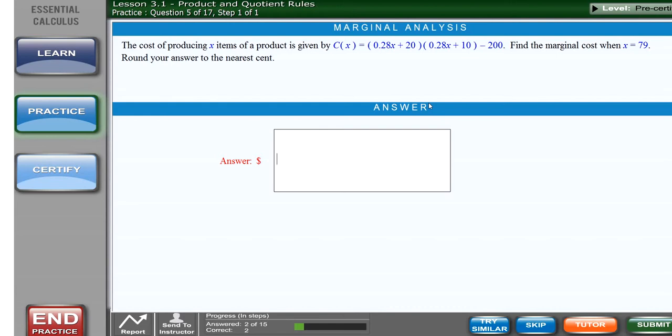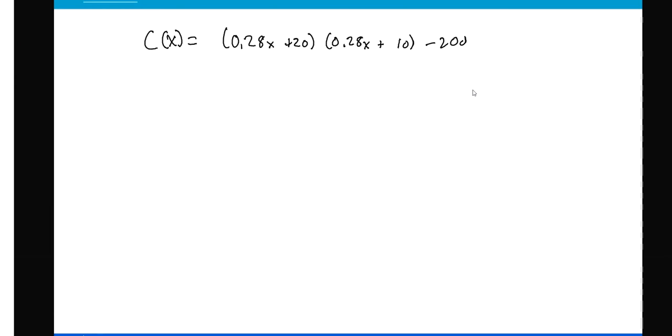So we've got 0.28x plus 20 times 0.28x plus 10 minus 200. Okay, so there's our function. Let's go ahead and get our derivative.